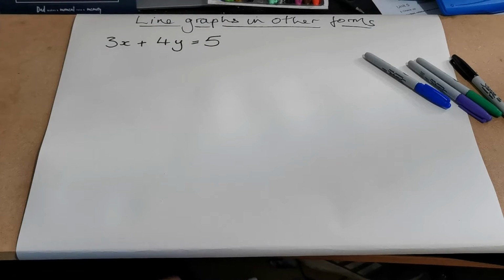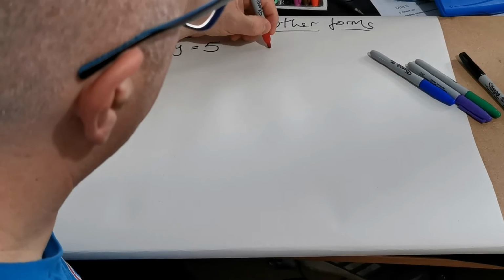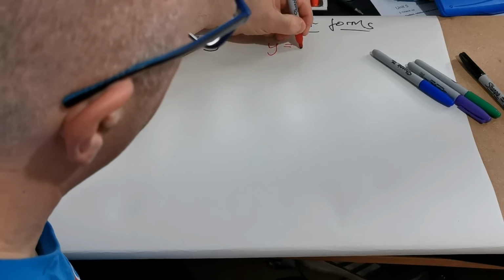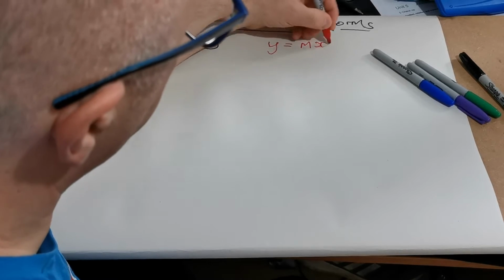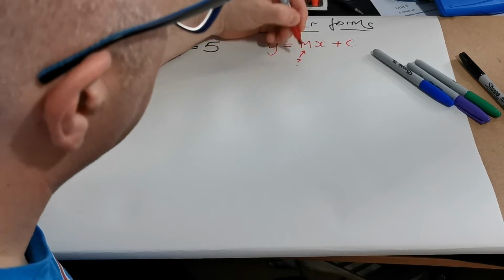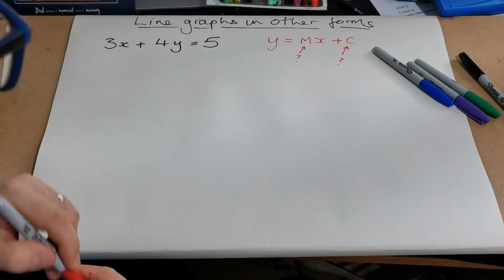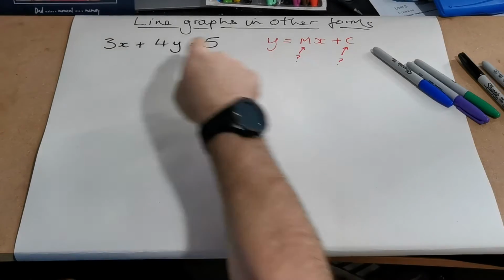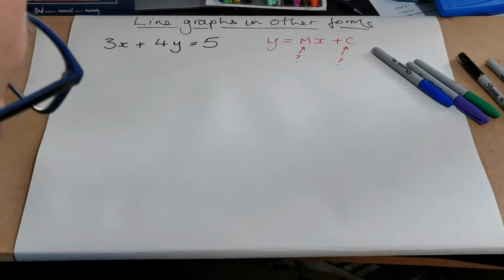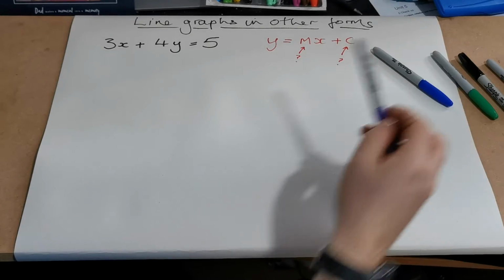That is still a straight line graph and still does the same sort of thing, but we need to find out what the gradient and intercept are. So we need to find out what m is and we need to find out what c is. Now clearly we cannot do that from just looking at that immediately.